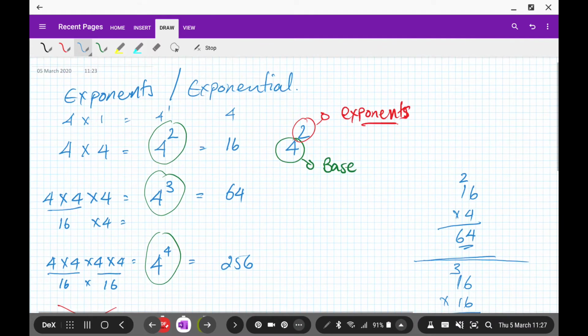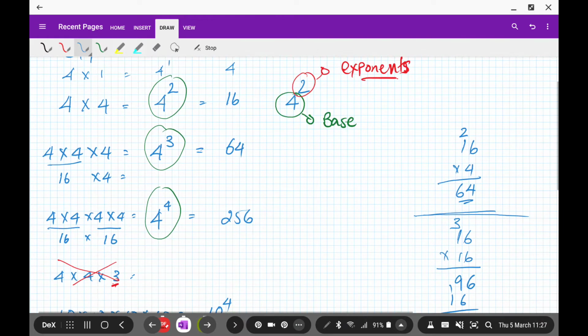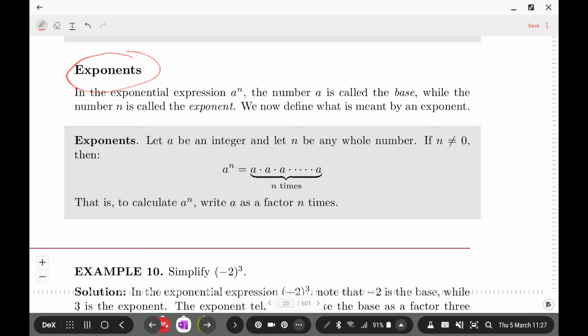So that's it. This is all about exponents, writing something in exponential terms. If I go back to this page, it says here the exponential expression. Remember, there was a lesson I've done for you about the difference between expression and equation. In this case, it says exponential expression a to the power of n.